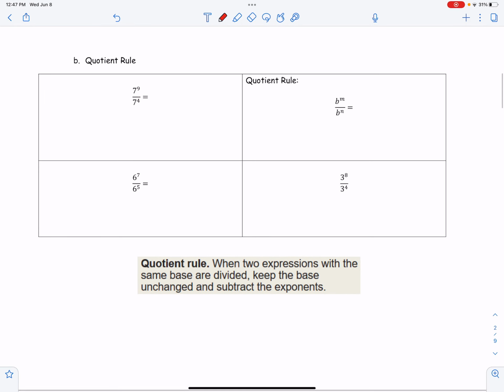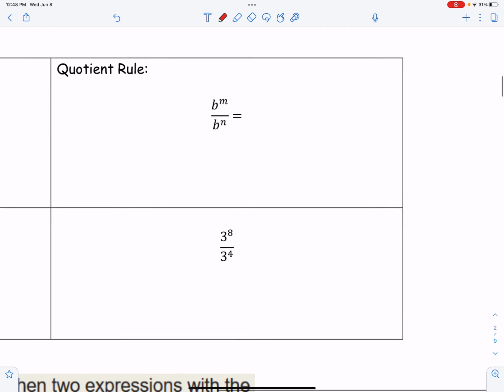All right, that brings us to the quotient rule. Dividing is the opposite of multiplication. So if we add the exponents when we're multiplying, then we will subtract the exponents when we divide. All right, just the opposite. So again, always make sure you have a common base, which happens here.